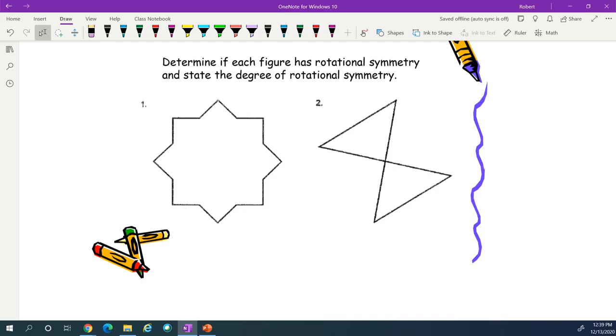We want to determine if the figure has rotational symmetry and state the degrees. Well, again, we're looking for how many lines of symmetry there are. So there's definitely symmetry there. In fact, to all these outward points, these convex points, we have symmetry. So that's already 4. Now we also have lines of symmetry to these concave points.